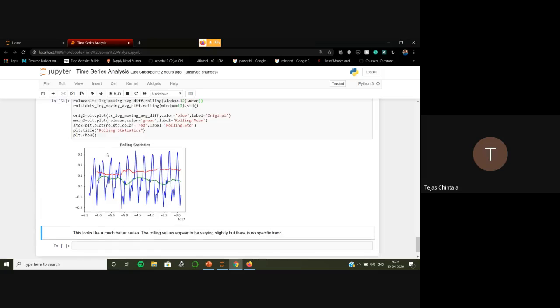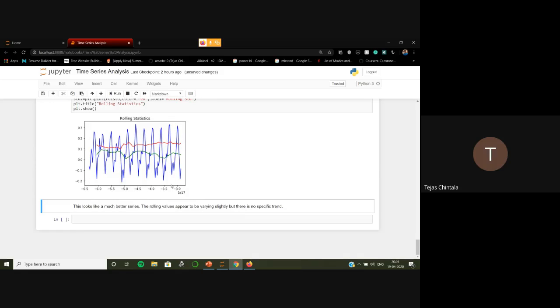But in this graph, the mean is a little bit constant, as well as the standard deviation. So this is how we can check the stationarity of the time series. So this is my Jupyter notebook.